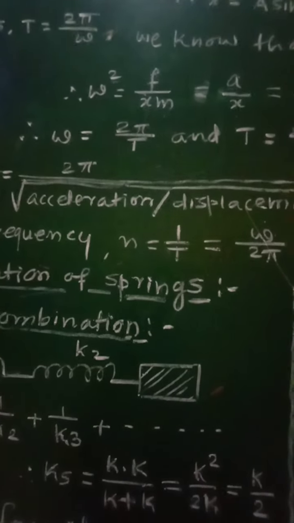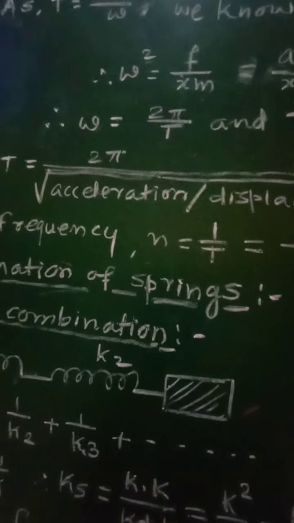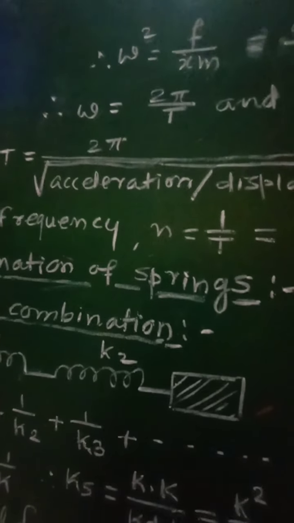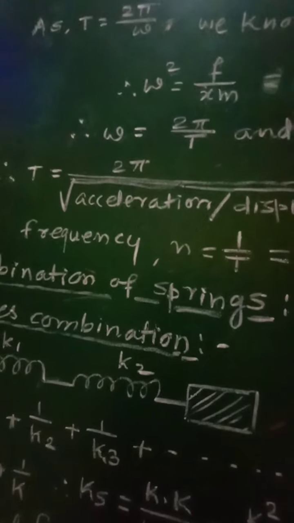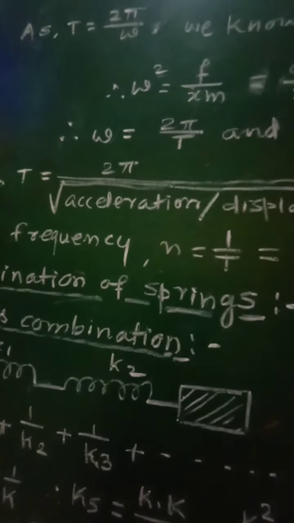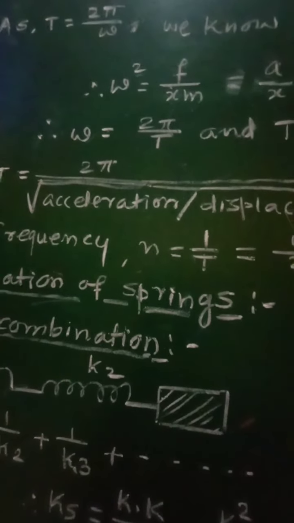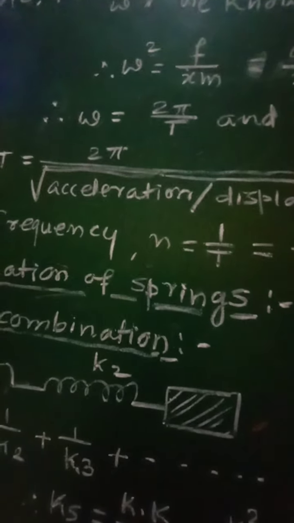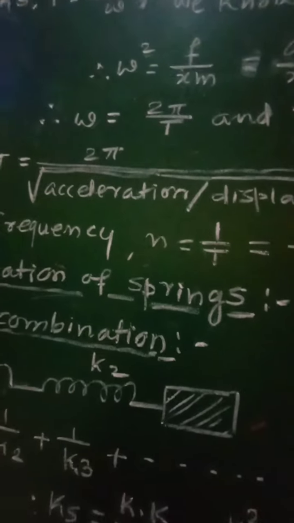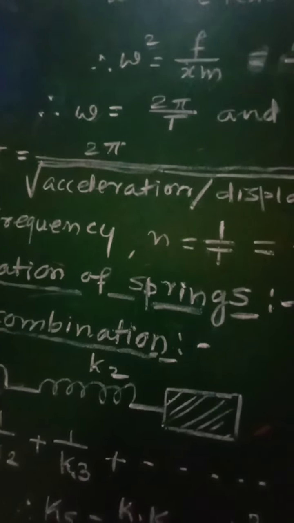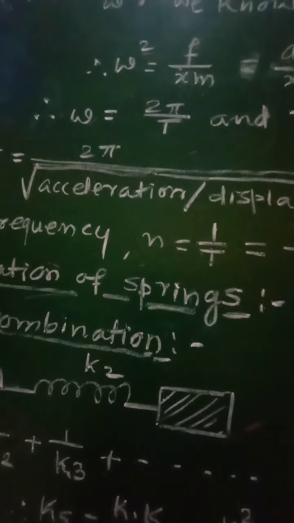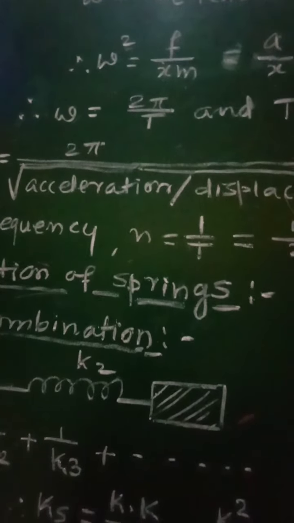Now what is that frequency? We know that in time T, the particle will perform one oscillation, and therefore in unit time it will perform 1 by T oscillations.